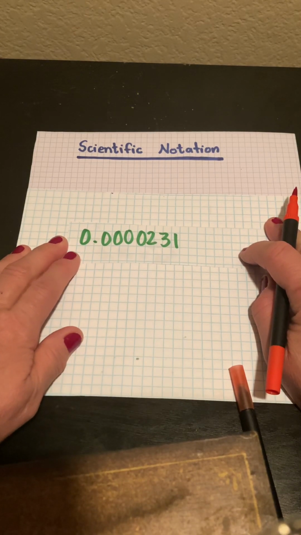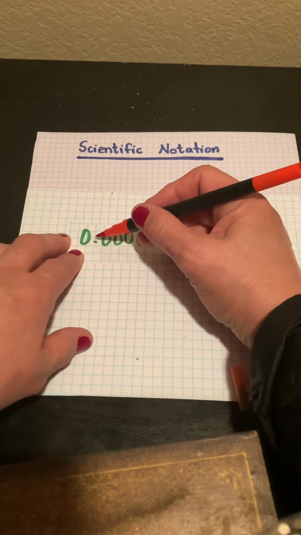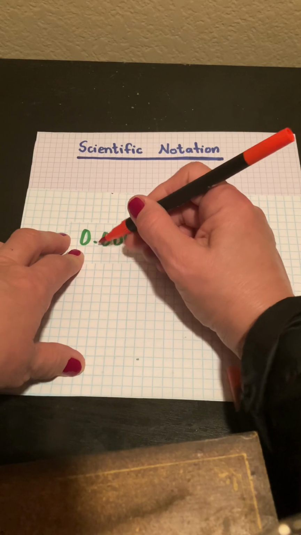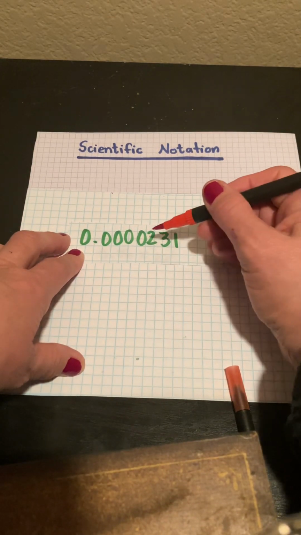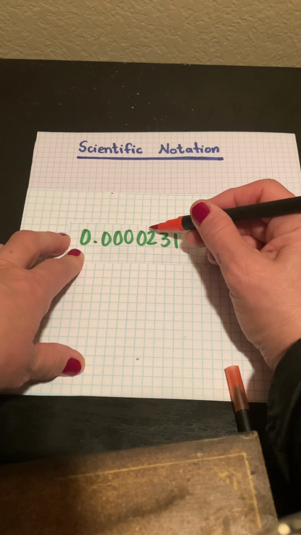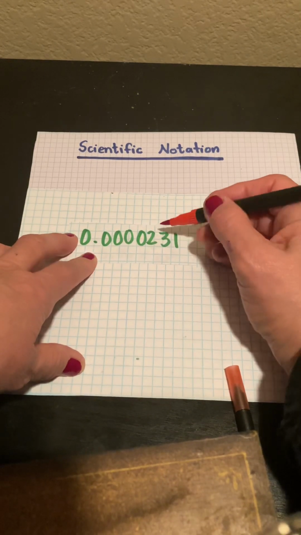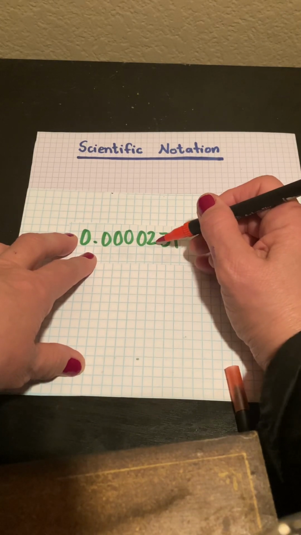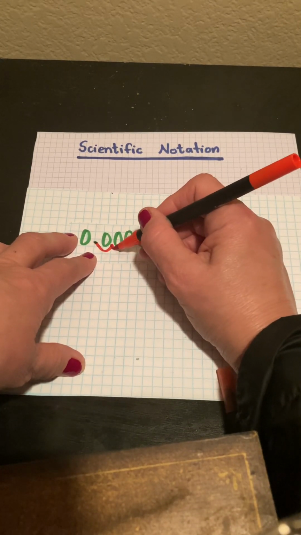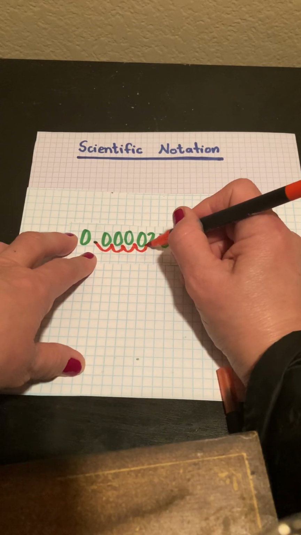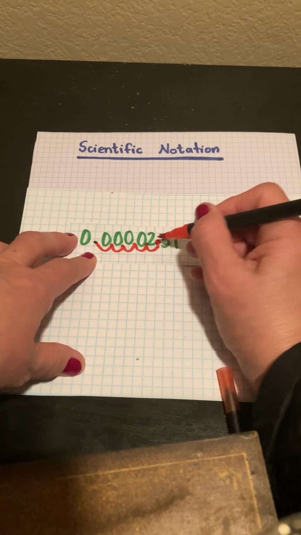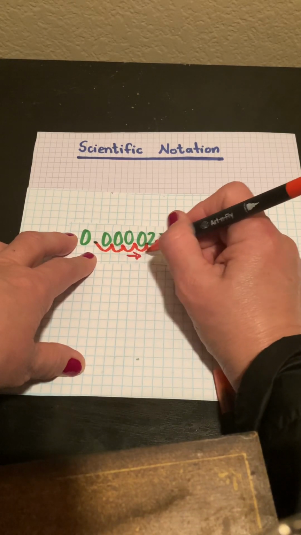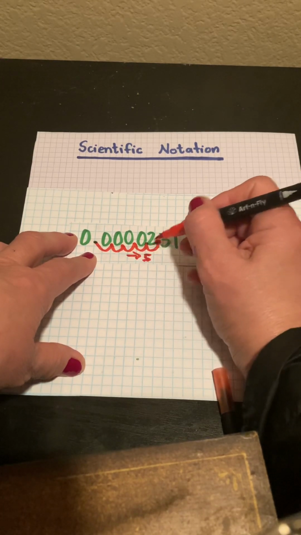So here we are going to do the same thing, but we now know that the decimal is right here. It's really clear. So we are going to begin counting to the right, but this time we are going to find our first digit that is non-zero, and then next to that number we are going to write down our new decimal. So let's begin. 1, 2, 3, 4, 5. So right here we write down our new decimal, and then we know that we went that way 5 places, right?